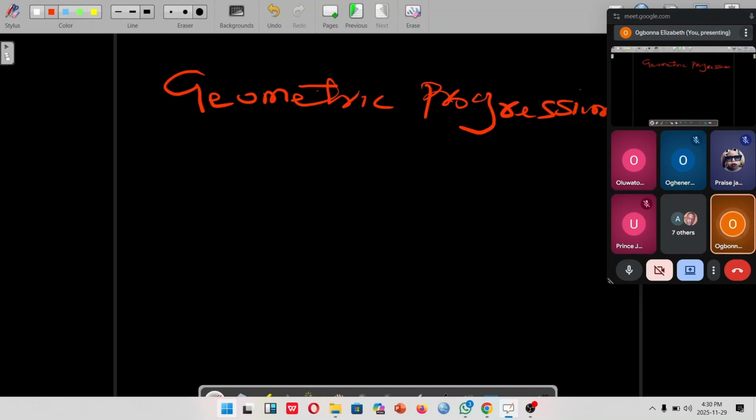When we talk about geometric progression, it is when we discover that the ratio of each term, that is, the ratio of the first term to the second term, the third term to the fourth term, or the ratio of any of the terms in that sequence, are common. Then we call it common ratio, and that shows that the sequence is a geometric progression.